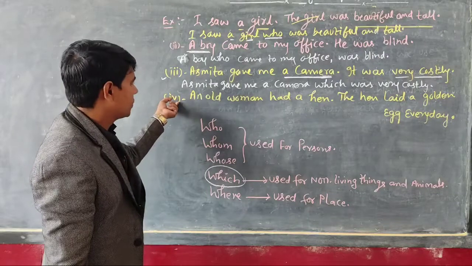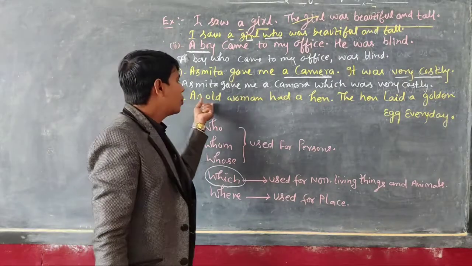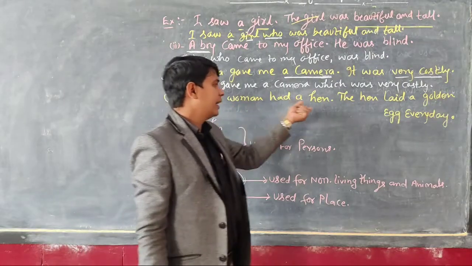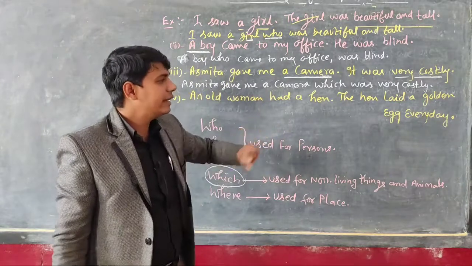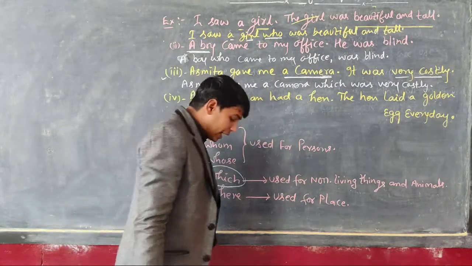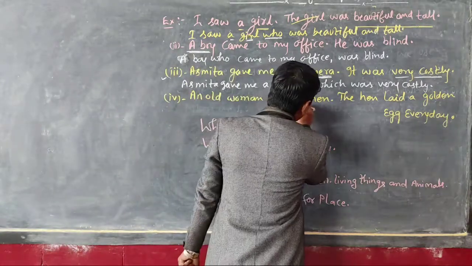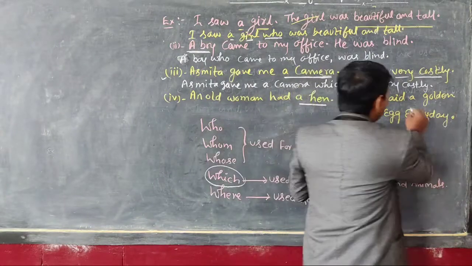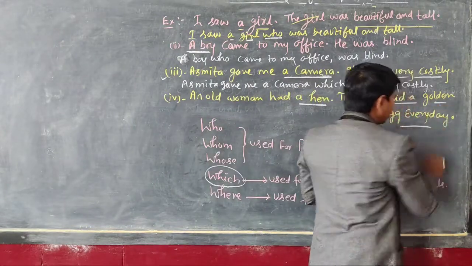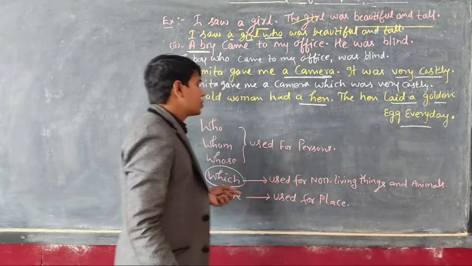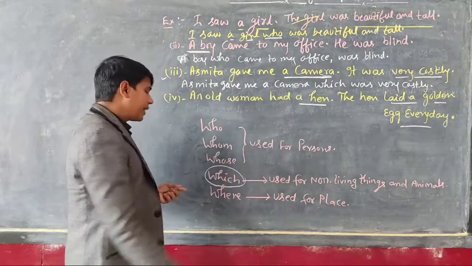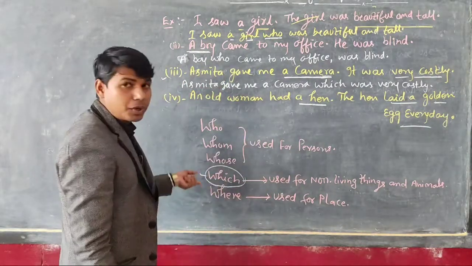Now see the fourth one. An old woman had a hen. The hen laid a golden egg every day. About the hen we have this additional information. Hen is an animal, and for animals also we use the relative pronoun which.